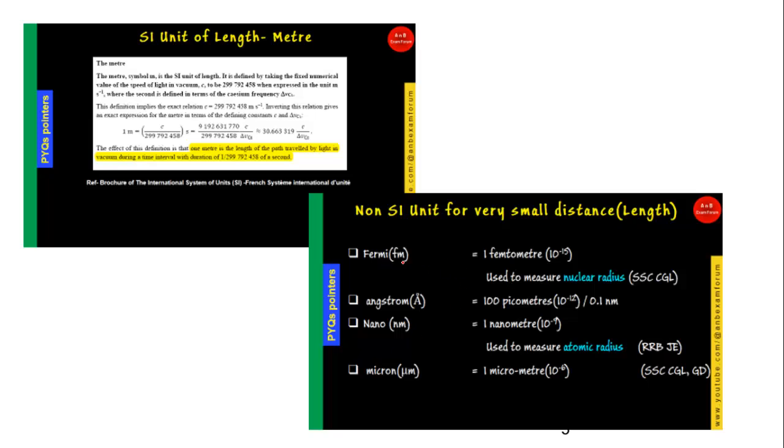Why is it important? Because this fermimeter is used to measure the nuclear radius, because it is very small, 10 power minus 15. And nanometer is basically used to measure the atomic radius, it is 10 power minus 9. All these pointers we have seen in our theory classes.